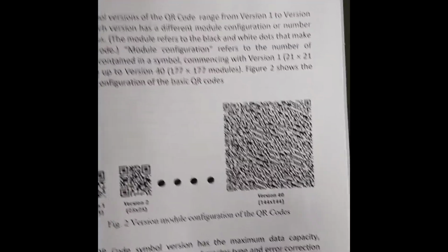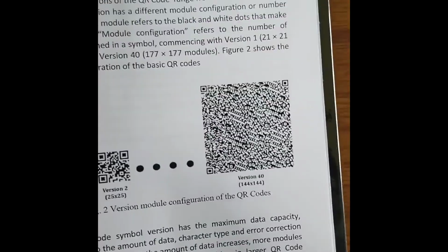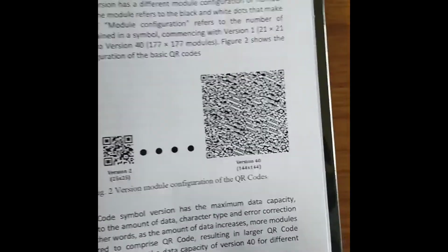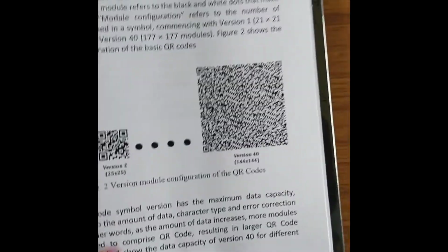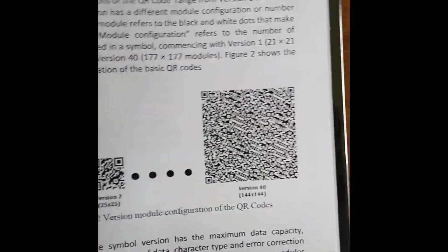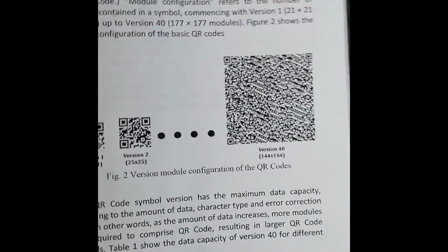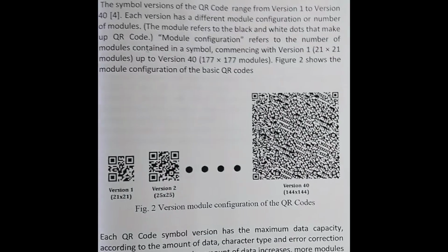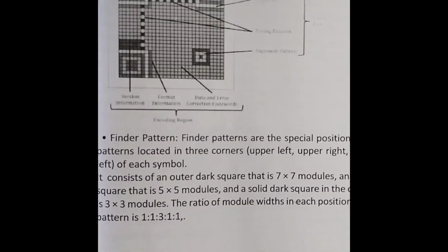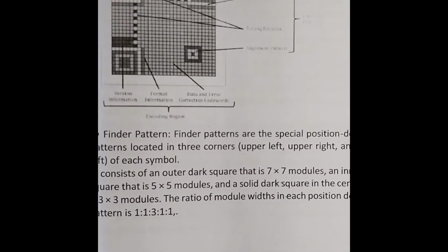And here you can see the different versions of QR codes. The first version is 21x21, and the second version is 25x25, and so on. It is developed up to version 40, which is 177x177. And here you can see the structure of a QR code.